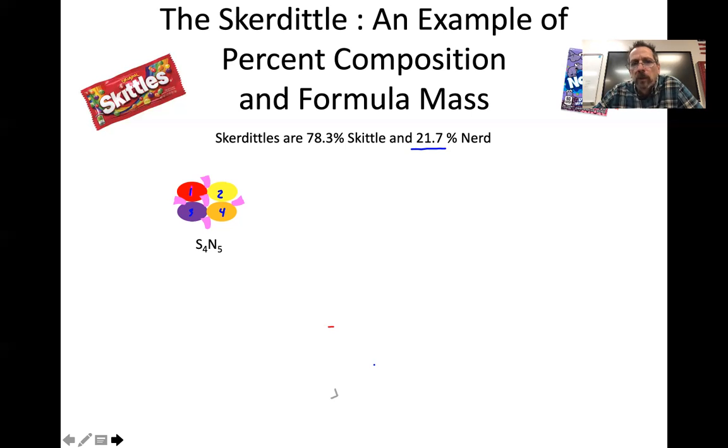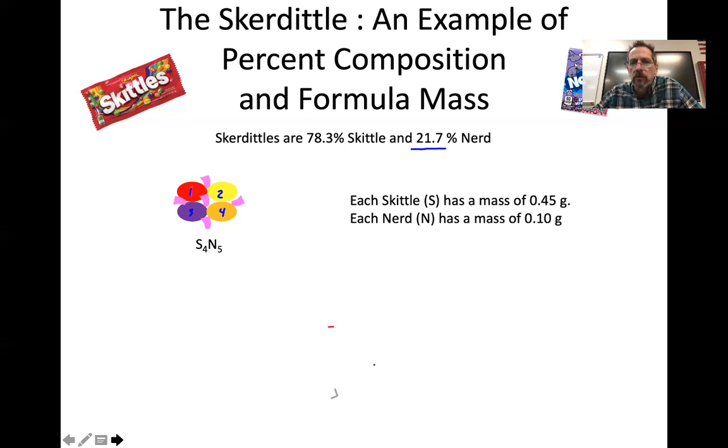So let's say our formula for our Skirdittle is S4 N5, 4 Skittle and 5 nerd. And let's say that we knew that the average mass of a Skittle was 0.45 grams, and for a nerd, it's 0.10 grams. So we weighed them and we got an average for them.